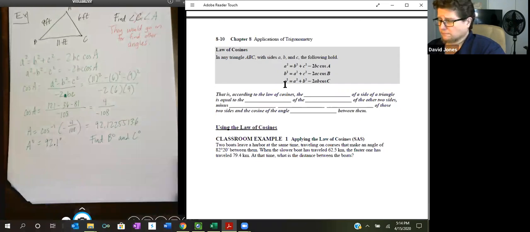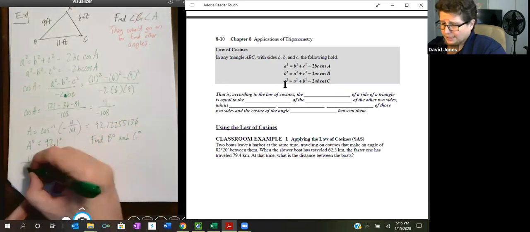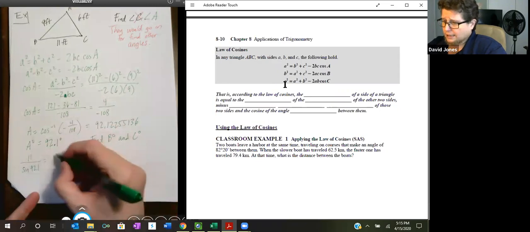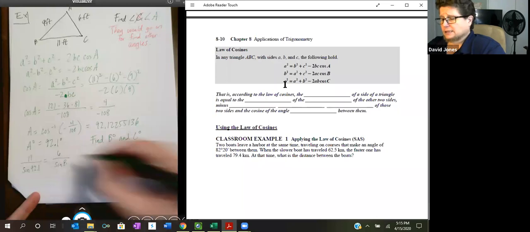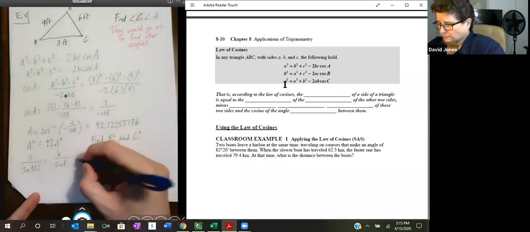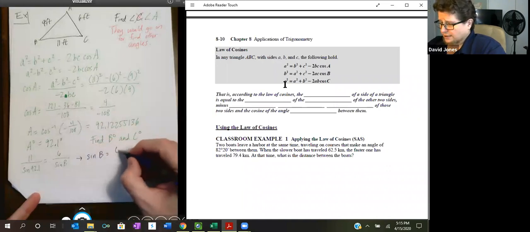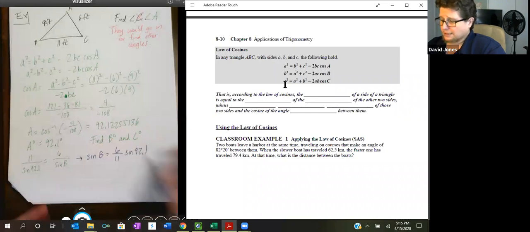Okay. So 11 over sine of 92.1 equals 6 over sine of B. Sine of B equals 6 over 11 times sine of 92.1.